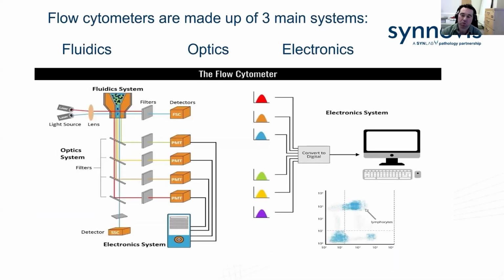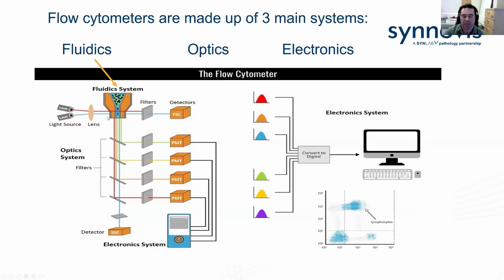So the flow cytometer itself is split up into three main systems. We have a fluidic system, which comprises of a light source, which is generally lasers. So we have 3 lasers in our analyzers at Guy's and St. Thomas's, and those lasers hit the sample in this flow cell.